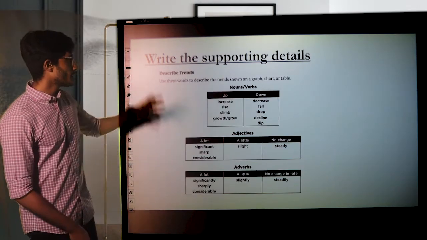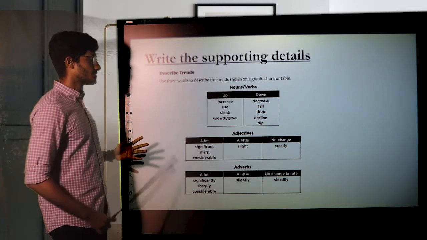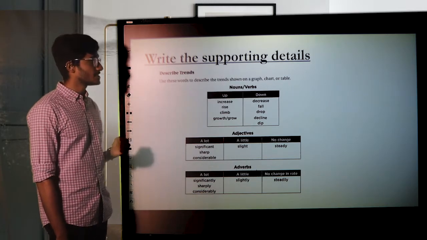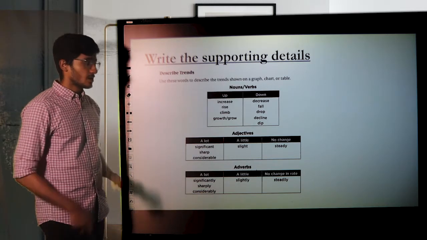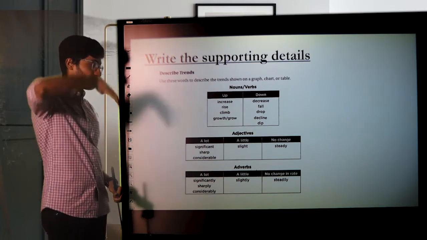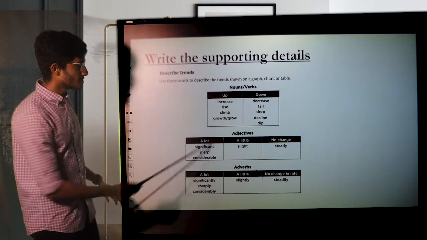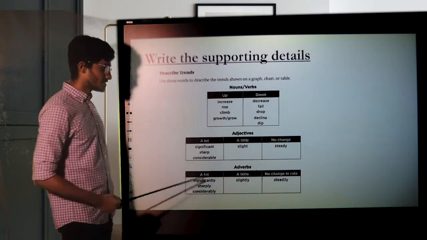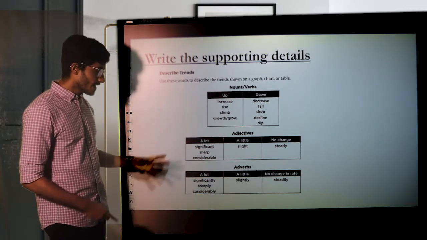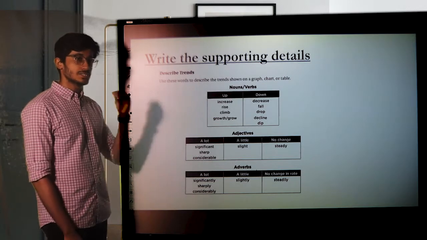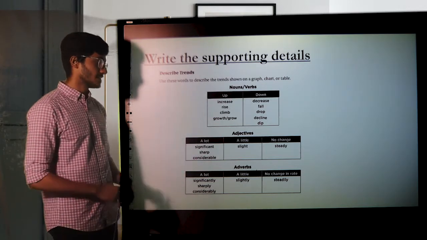So, a couple of pointers for writing the supporting details: when you're explaining graphs, you'll have ups and downs, little change, slight change, or more change. These are some of the synonym words, adjectives and adverbs that you can use to sound grammatically correct.